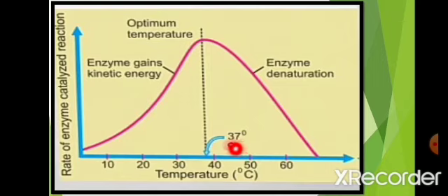If they are provided with temperature less than 37 degrees, reaction rate will slow down. But if they are provided with temperature more than 37 degrees, it will result in denaturation of enzymes.